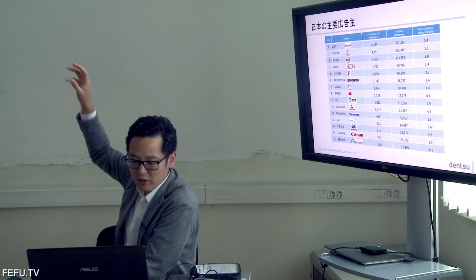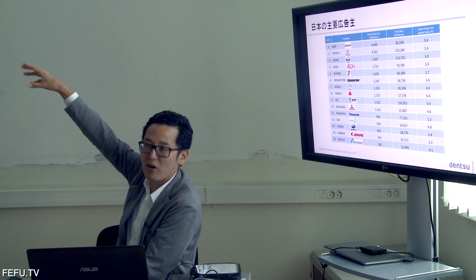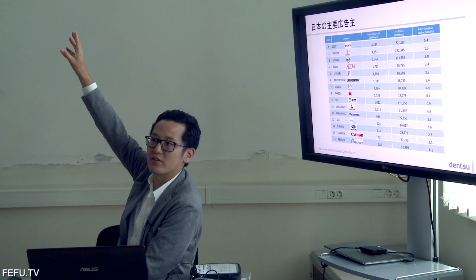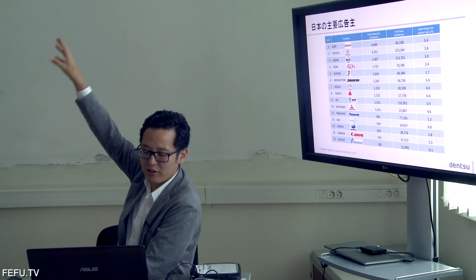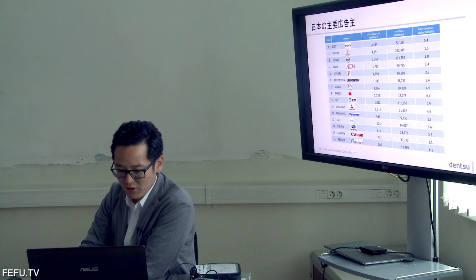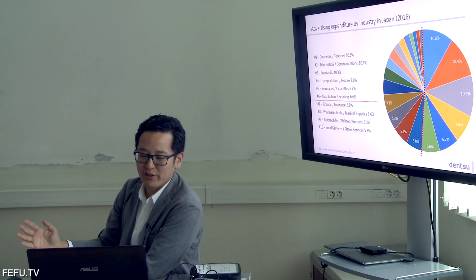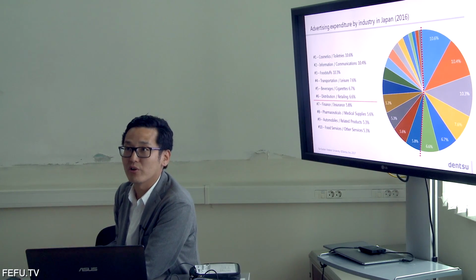But interestingly, we have a lot of automobile clients in the list here, even though cosmetics and toiletries and information and communications are the main advertisers. You see that automobiles are placed as number 9.